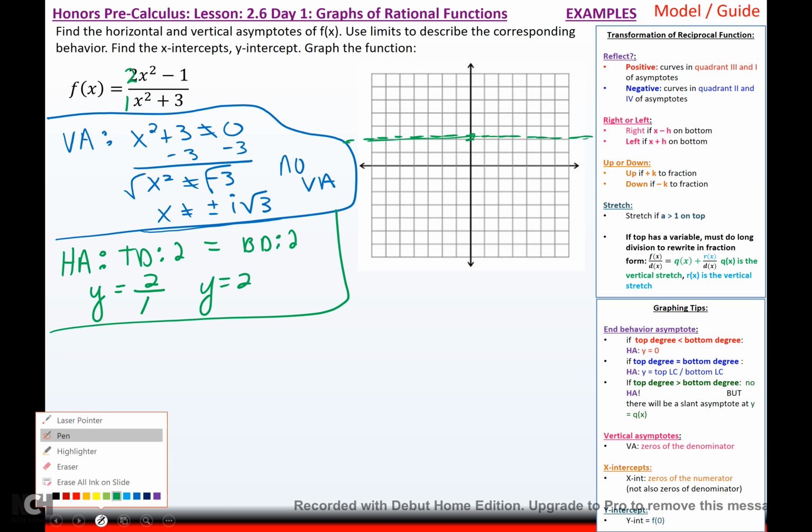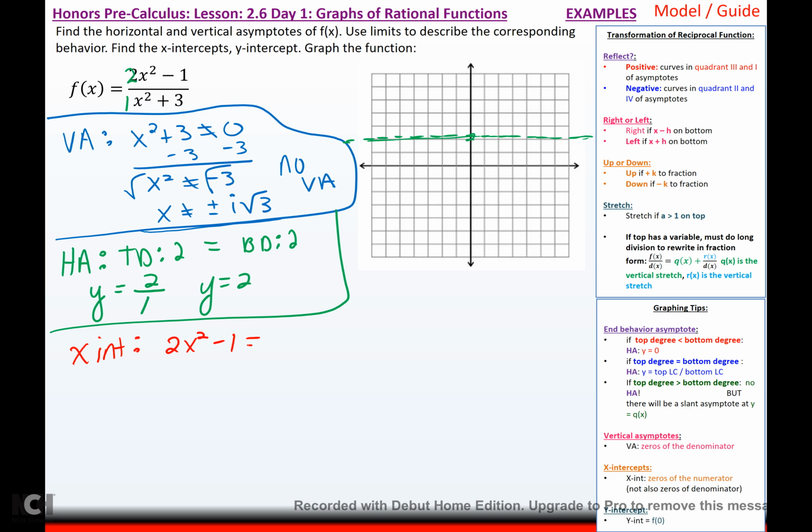Then we're going to get some x-intercepts and some y-intercepts. To get my x-intercepts, you say Mr. Numerator, set it to 0. So add 1, 2x squared equals 1. Divide by 2, x squared equals 1/2.